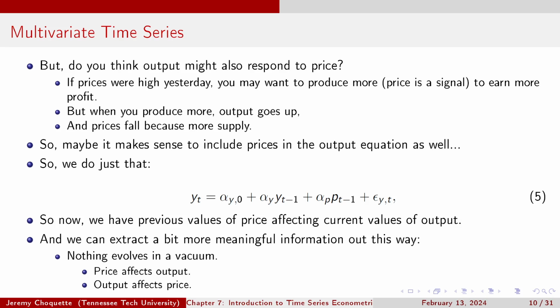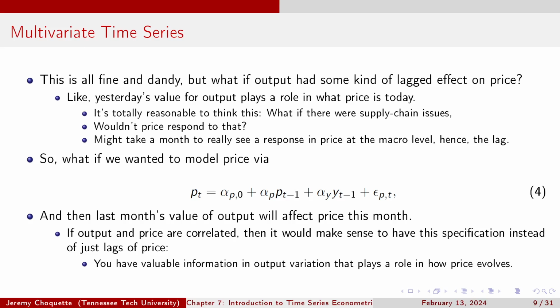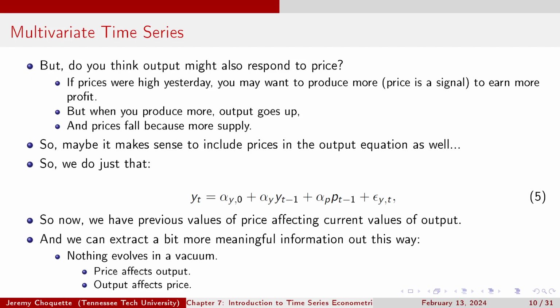So just like I had that specification for prices in equation 4 where I had lagged output in there, there's a good reason for why you might want to have lagged output in there. There's also a good reason for why you might want to have an equation for output with a lag of price in here. So I put the lag of the price level in here. So we got previous values of the price affecting current values of output.